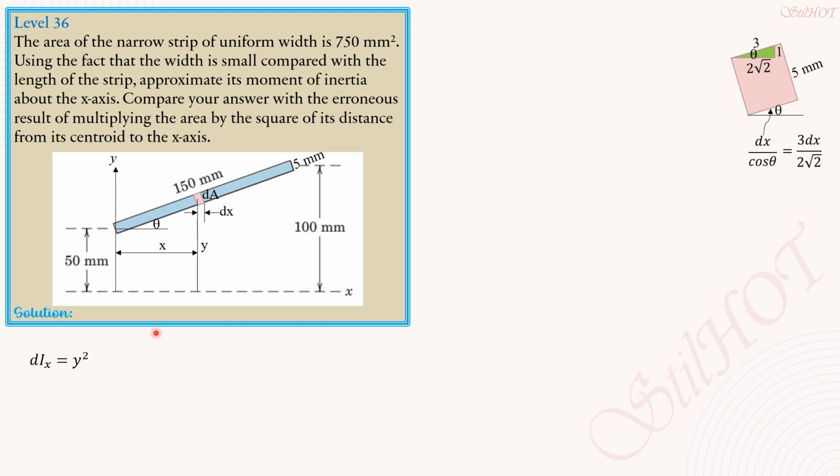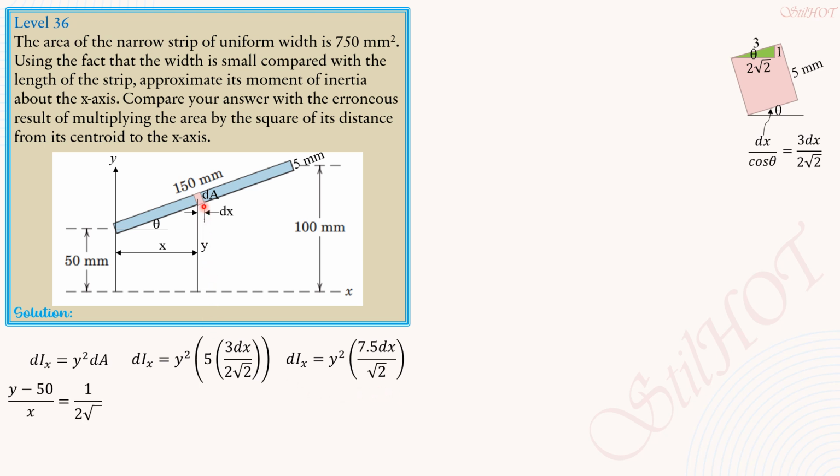So differential Ix is y² times 5 times 3 dx over 2√2. Simplifying, differential Ix is y² times 7.5 dx over √2.